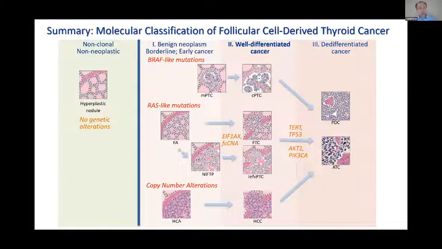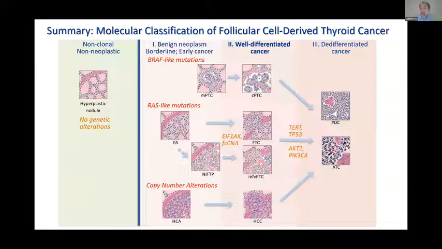And all types of thyroid cancer have one or another driver mutation. Also I want to remind us there are three main molecular groups of thyroid cancer. We can now talk about thyroid cancer as BRAF-like, RAS-like, and copy number alteration driven thyroid cancer.